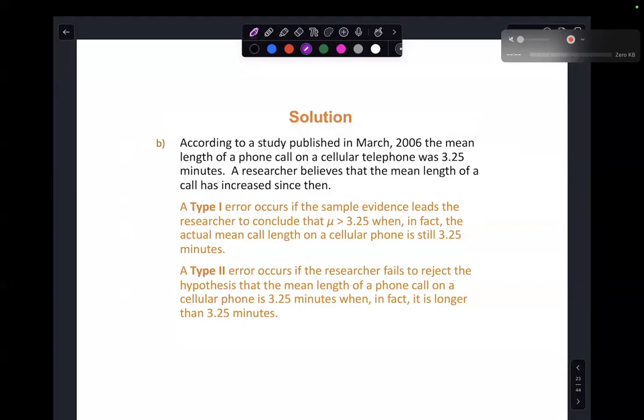A type 2 error: if the researcher doesn't reject the null hypothesis, but the actual mean length of a phone call is greater than 3.25 minutes, that's a type 2 error.